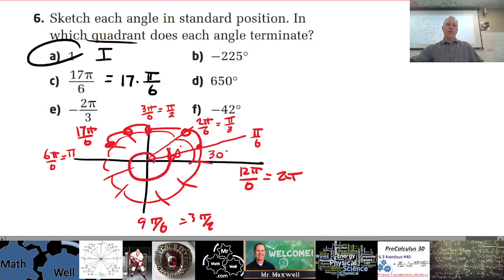So we've gone all the way around once and ended up right here. See that? It's not hard, but that's what we're going to focus on in today's lesson, 4.2. So this is quadrant 2.